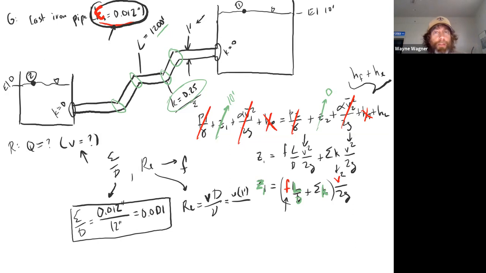If you don't know the viscosity, what I highly recommend is you go to Engineering Toolbox. There's almost certainly a chart for this in your book. I don't know the page number, but you have access to the internet for this one. Just type in viscosity of water.